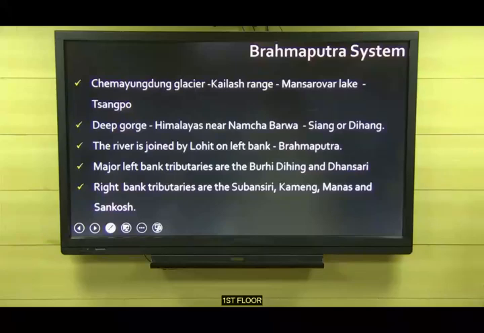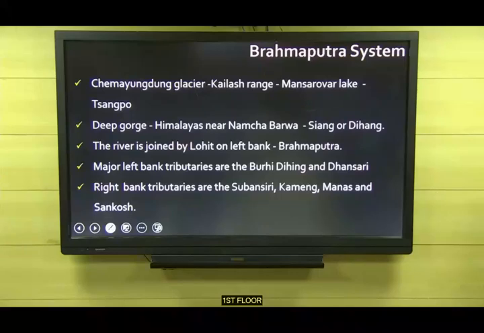Then Brahmaputra originated in Chemayungdung Glacier, near Kailash Range and Manasarovar Lake. In Tibet, the river is known as Sangpo.